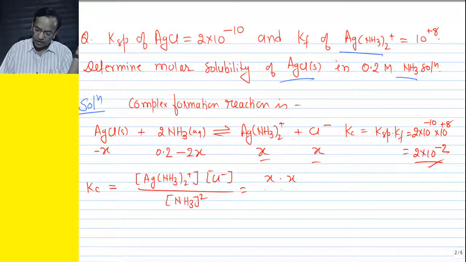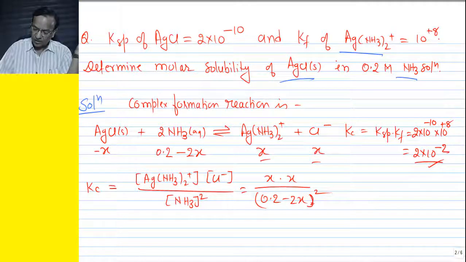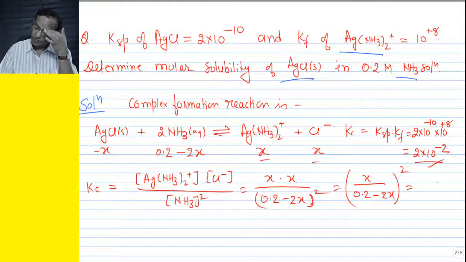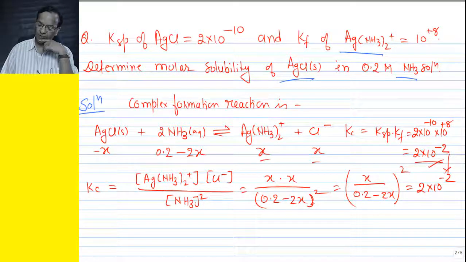So x into x divided by (0.2 minus 2x) square, which can be written as x upon (0.2 minus 2x) whole square, which is equal to 2 into 10 raised to the power minus 2. Kc we have already derived.